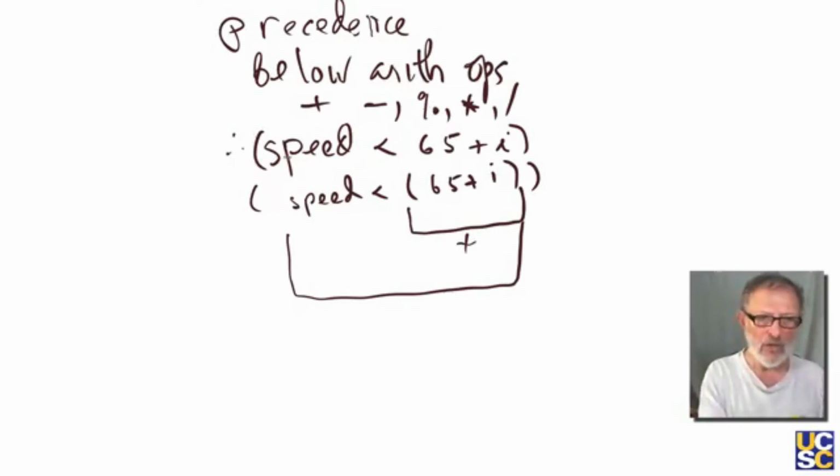So that if you saw speed less than 65 plus I, the sub-expression 65 plus I would go first. That addition would be done. It would be as if you had parenthesized this. You don't need to, but you have to understand what precedence is.